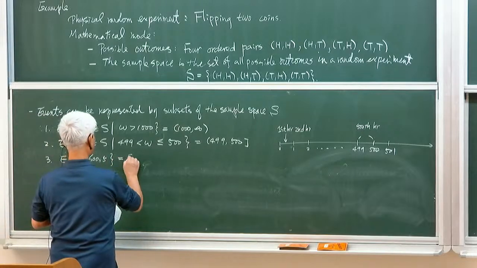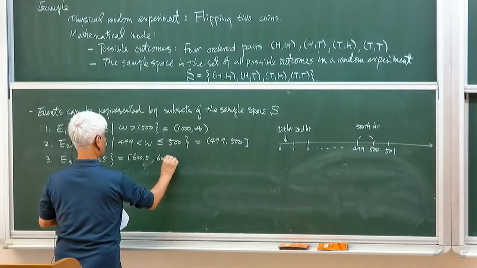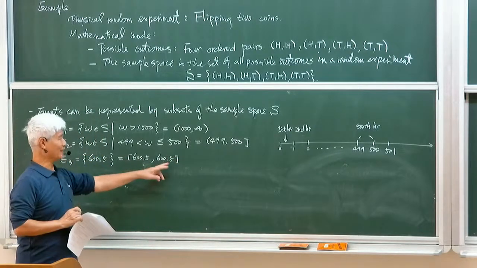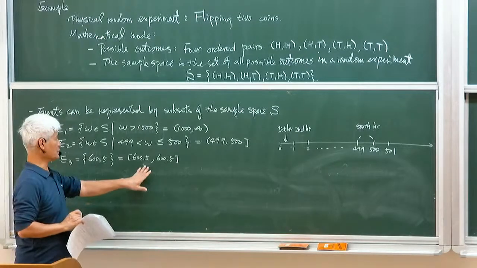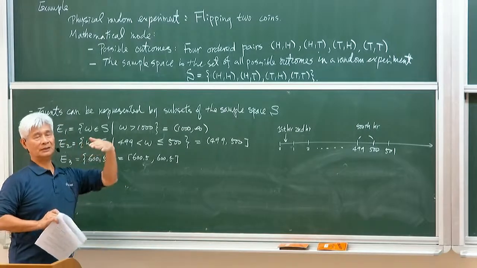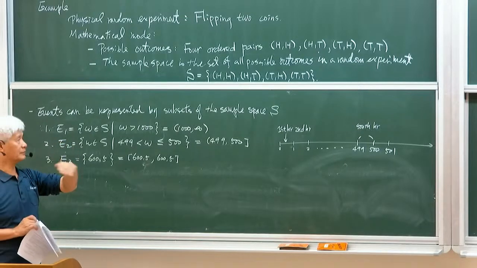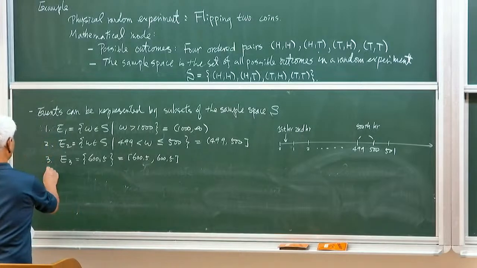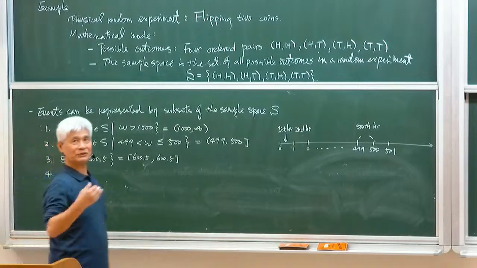And we can represent this by a closed interval where the left end and right end are the same, corresponding to a point on the time axis. So you can try your best.